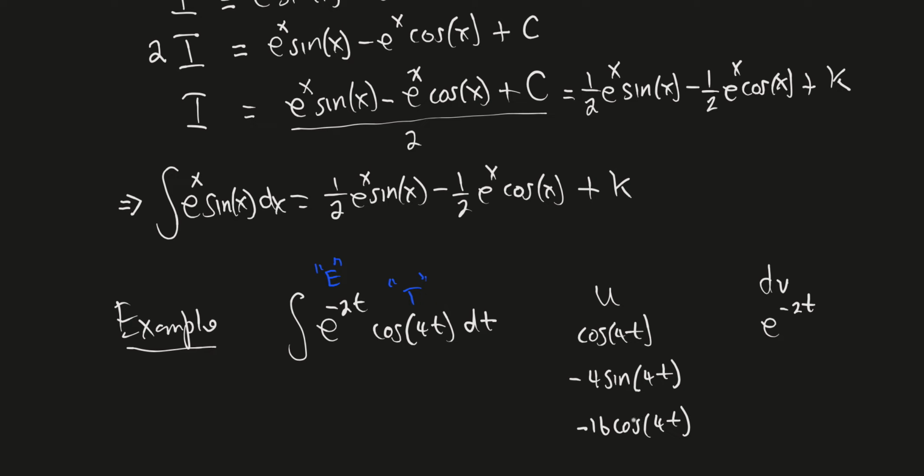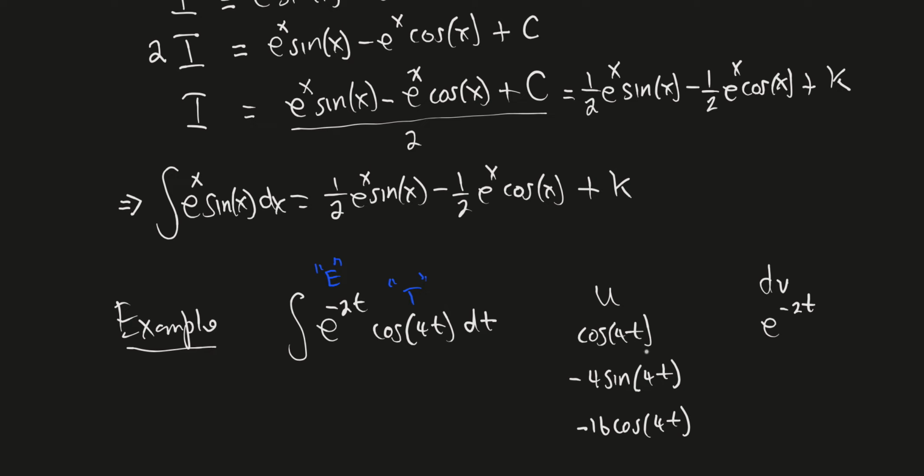And it's the fact that I end up back with a cosine. That's an indicator that I'm pretty much right back where I started, only with a different coefficient in front, right? That coefficient will factor in as far as the algebra is concerned, but from a calculus standpoint, the fact that we're back at cosine means we've essentially come full circle. So once this function shows up in your table again, that's when you stop.